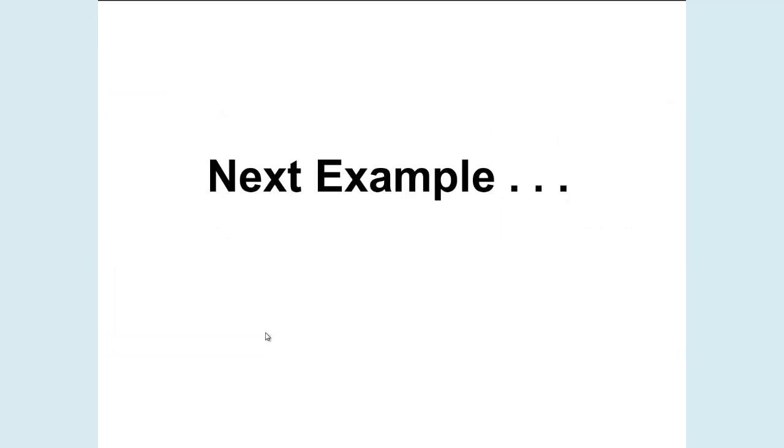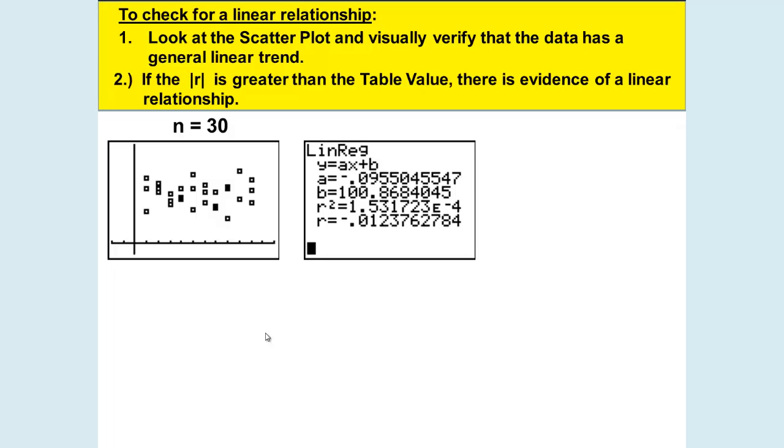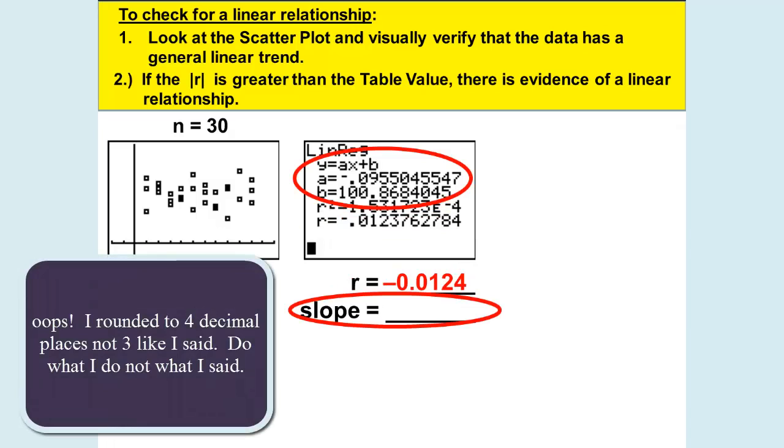Let's look at one more example. Again, remember the two steps we will follow. Our n is equal to 30. Here is our regression screenshot. Let's find our R, which is negative 0.0124, and our slope is negative 0.0955.